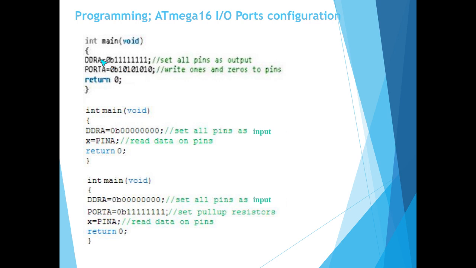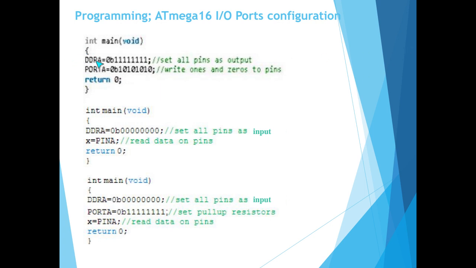However, if DDRA was equal to 0B0000 and PORTA was equal to this value, what does it mean in this situation? Yes, it is related to the pull-up resistor. Thank you, Hamza, for your focusing and cooperating with the class.